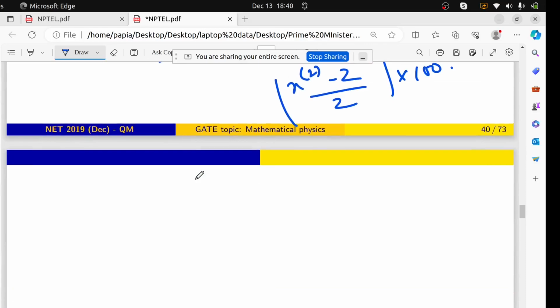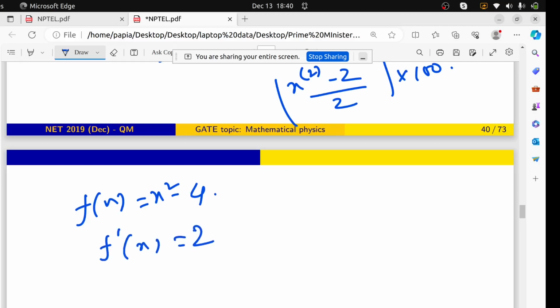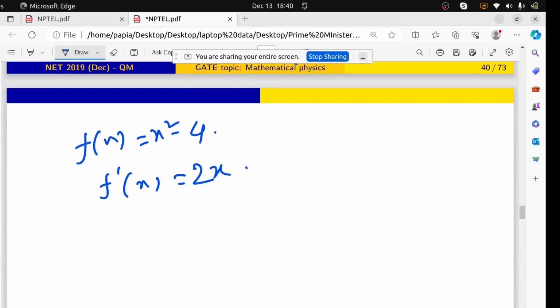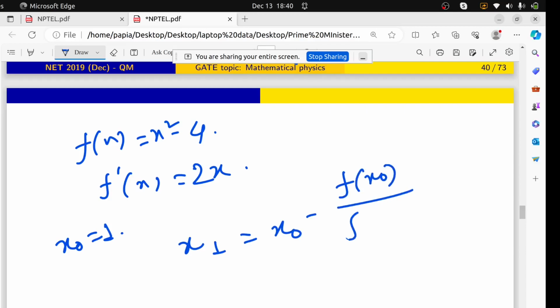So what should I do? Obviously, if f(x) is there, without any thinking, I will find f prime x. What will be the value? It will be 2x. Now first x0 was 1. So what will be x1? x1 will be x0 minus f of x0 divided by f prime x0. Right?